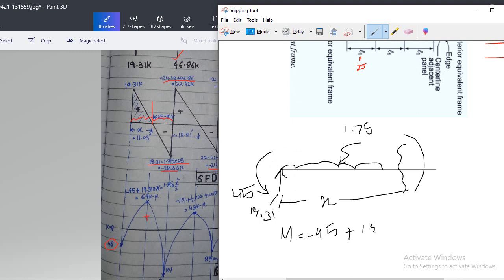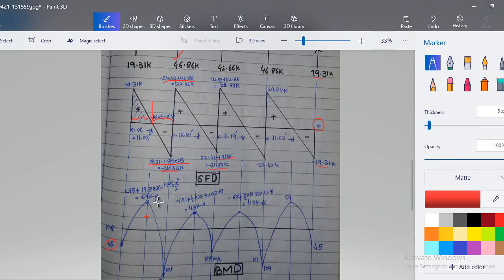So 19.31 times x, and again a negative sign, because this UDL causes a negative moment. So 1.75 times x, and as it is a moment, we have to multiply by half of this distance, that is x divided by 2. So it will generate this equation. You just plug in the value of x, that is 11.03, and you get 64.